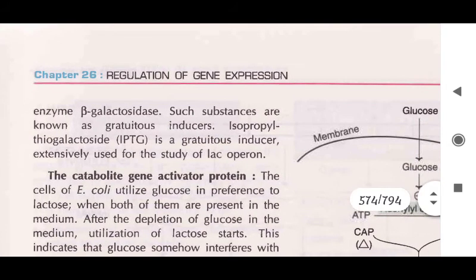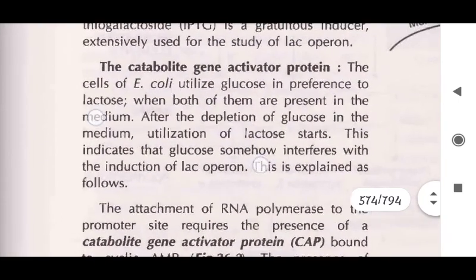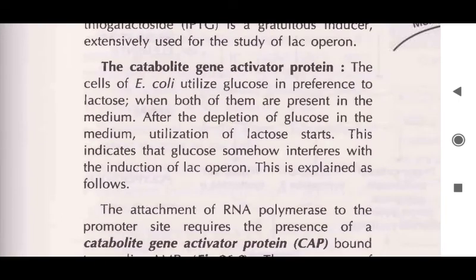Now we come to the catabolite gene activator protein. It is closely related to glucose. Why? It has been observed that when E. coli cells, or any prokaryotic cells that have the lac operon, are grown in a medium containing both glucose and lactose, they utilize glucose first.